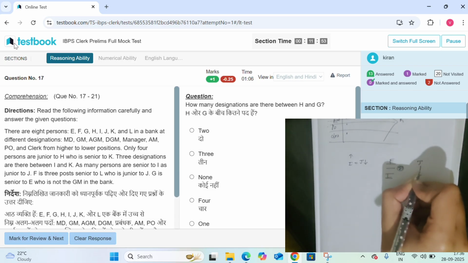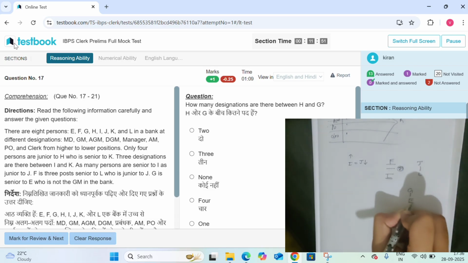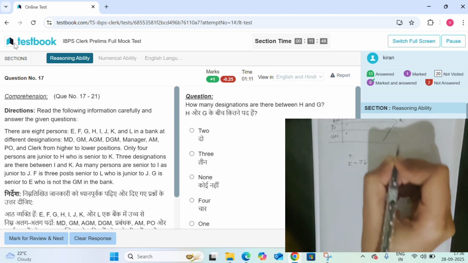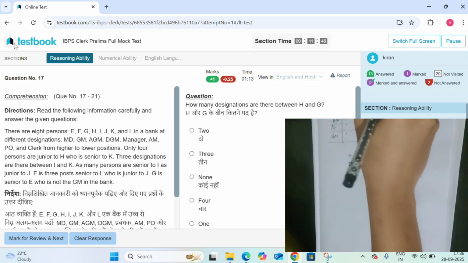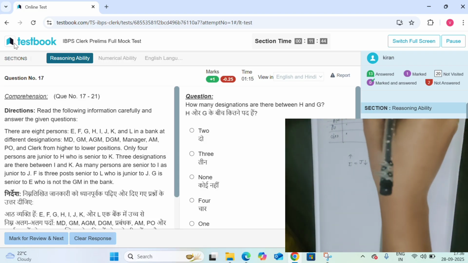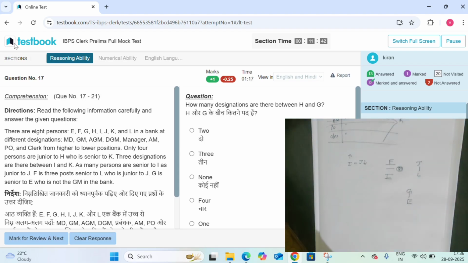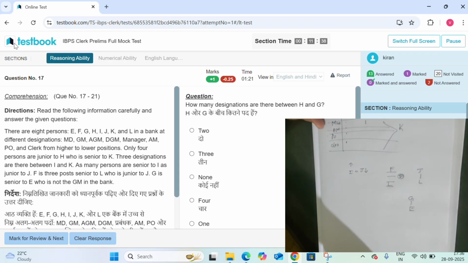G is senior to E, and E is not the GM or the clerk. G is senior to E. Okay. F is senior to L, so there are many possibilities.